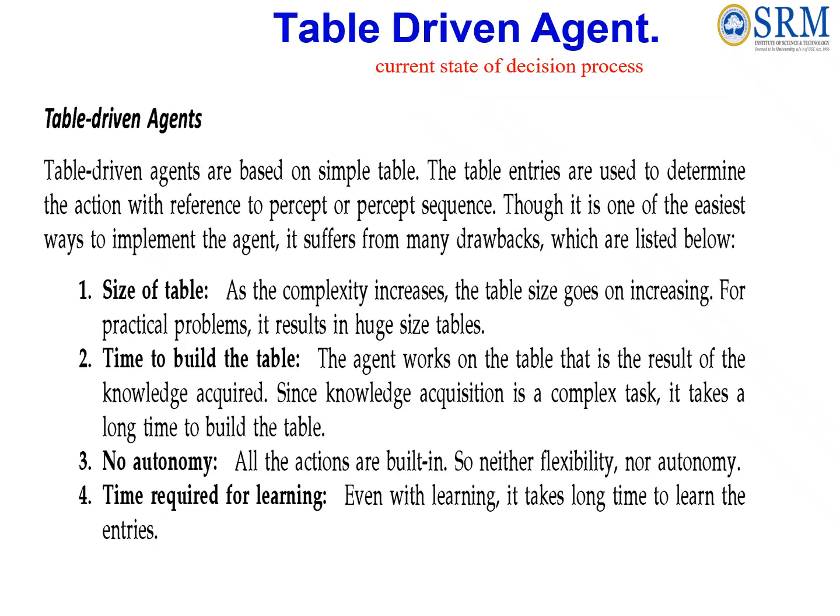First is the table driven agent. The table driven agent is the simplest type of agent. It uses a predefined lookup table that contains all the possible percept sequences and the corresponding actions. Whenever the agent receives a percept, it searches the table and performs the action stored in the table.